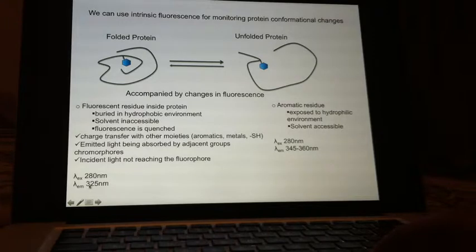That results in its emission maximum of 325 nanometers. Now, if we are able to unfold this protein with denaturation, with heat denaturation or guanidine hydrochloride denaturation, we see that the fluorophore becomes exposed to the environment. And when it becomes exposed to the environment, it becomes solvent accessible. Now, what happens is the fluorescent properties of this moiety change. Why do they change?